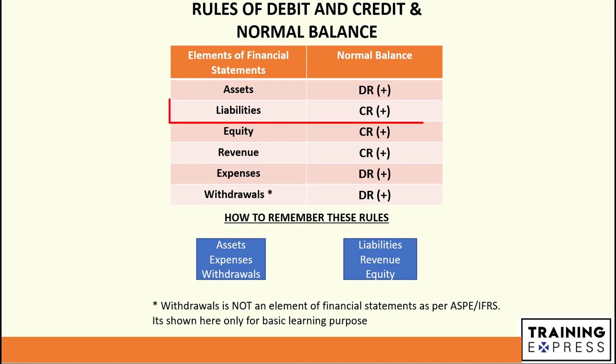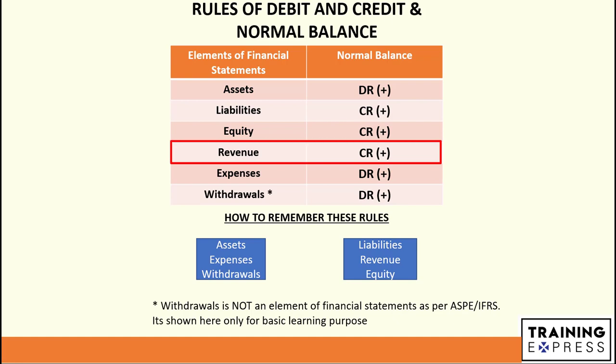And on the other side, liabilities, equity, and revenue will normally be carrying a credit balance, which means normally their ending balance will be a credit balance.